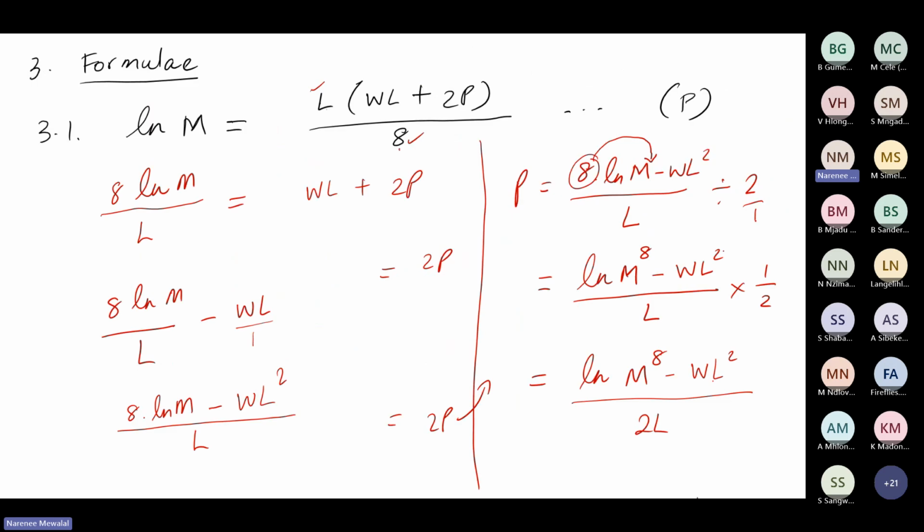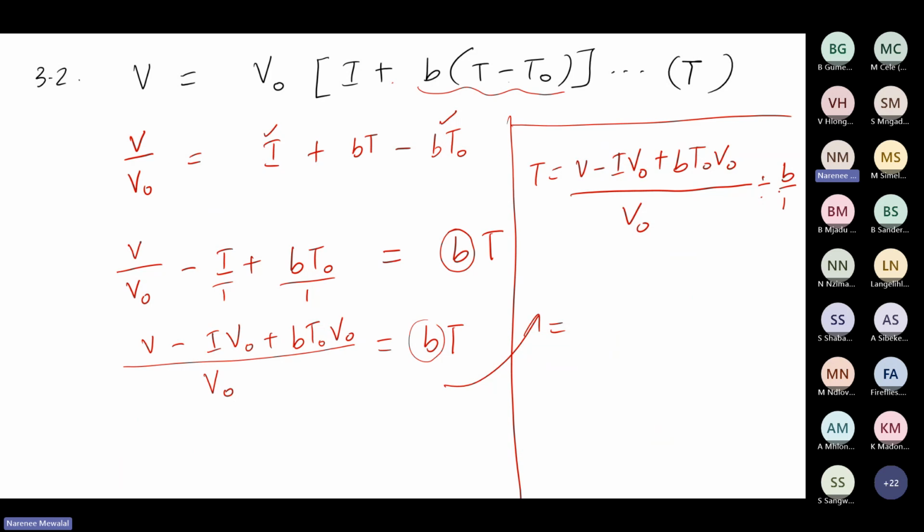See, dividing by 2 was the same thing as multiplying by half. So dividing by B is the same thing as multiplying by 1 over B. And so you can get V minus I V naught plus B T naught V naught over B times V naught.